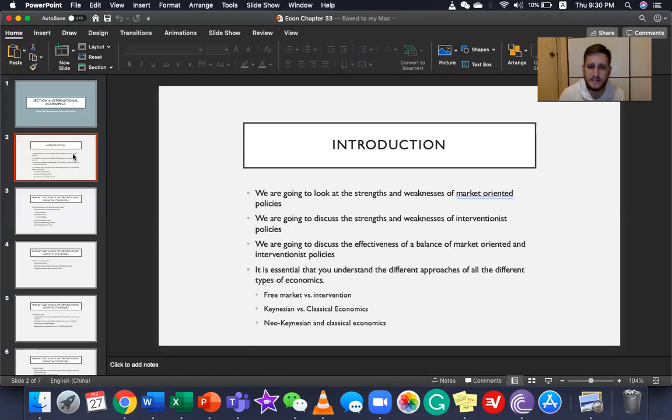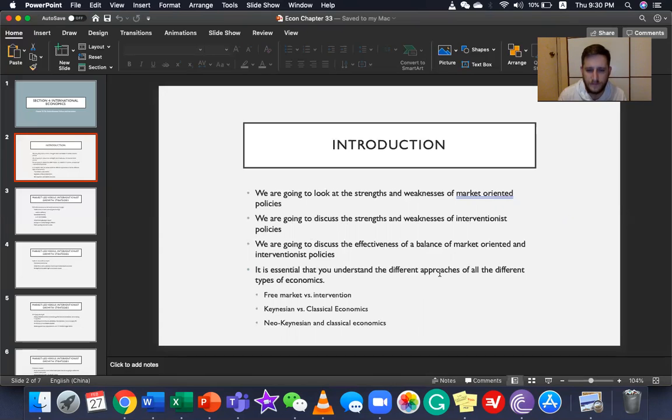Look at both sides. That's what we're going to do here: we're going to look at the strengths and weaknesses of market-oriented policies, the strengths and weaknesses of interventionist policies, and then look at how we balance those approaches.